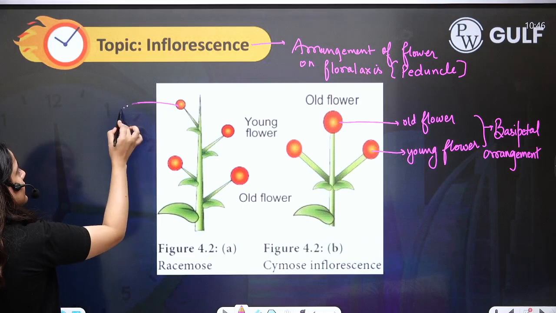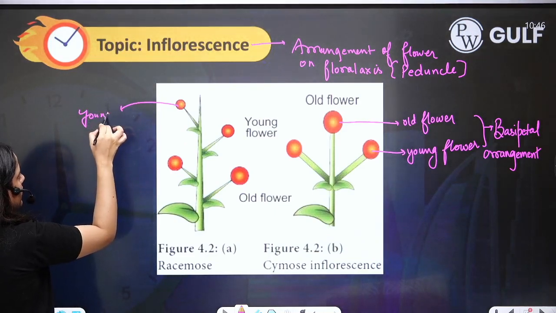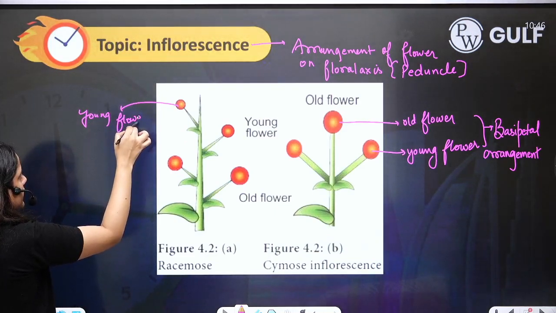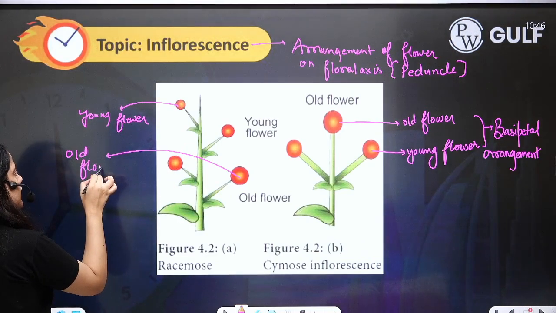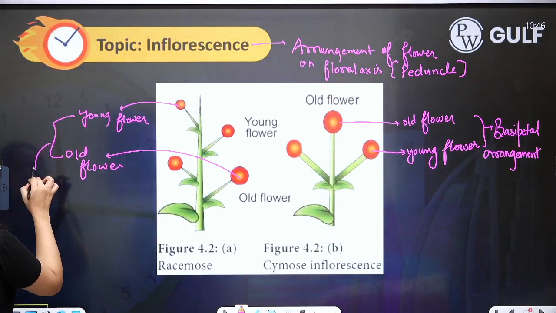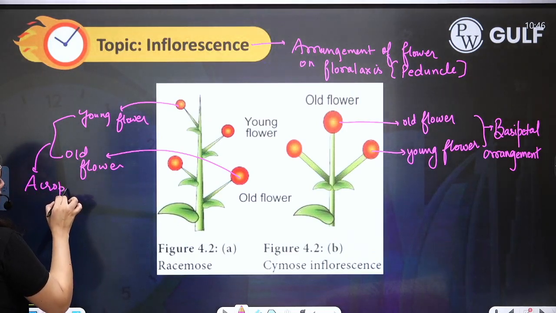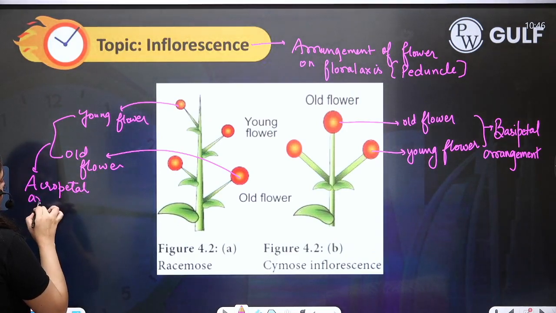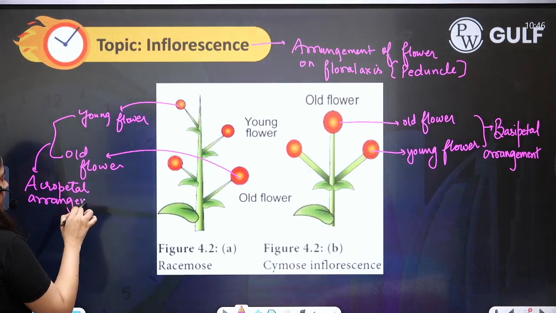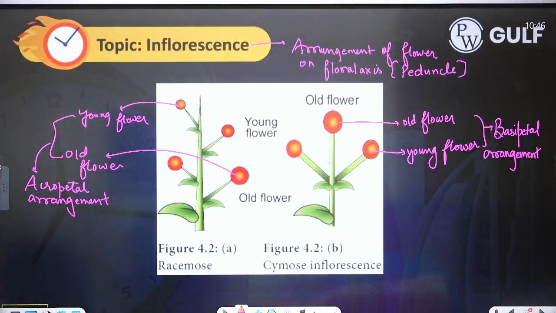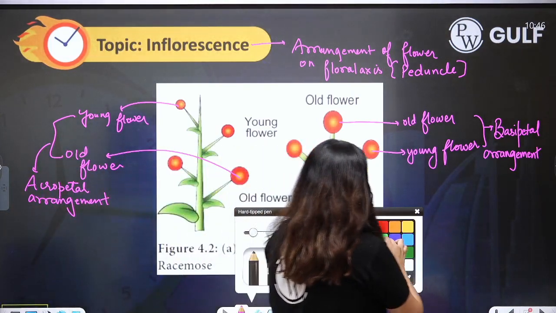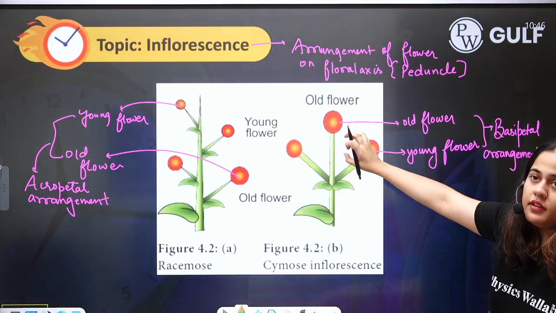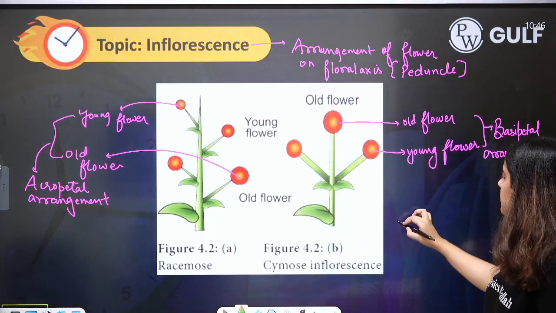Here you can see the young flower at the tip and the old flower at the base. The young flower at the tip, which means it is acropetal arrangement.